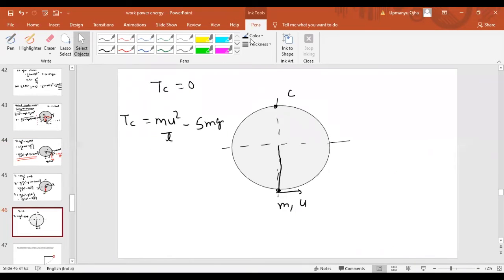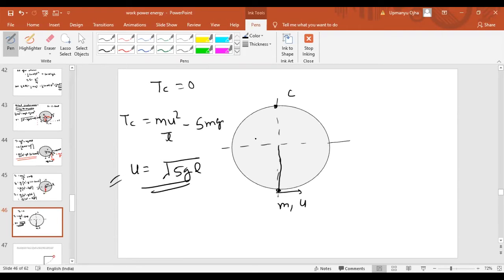To complete the circular motion, tension should be greater than or equal to 0. The minimum condition is 0. So from there we get the value of u, which is equal to root of 5gL. So if the velocity at the bottom is root 5gL, then this particle will complete the circular motion.